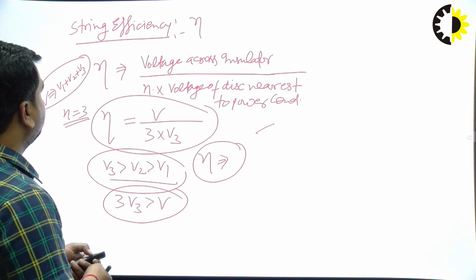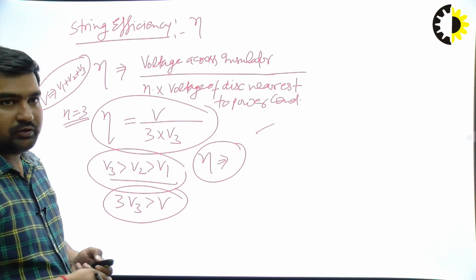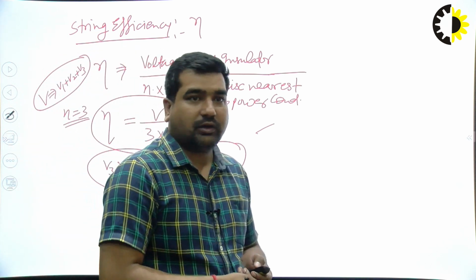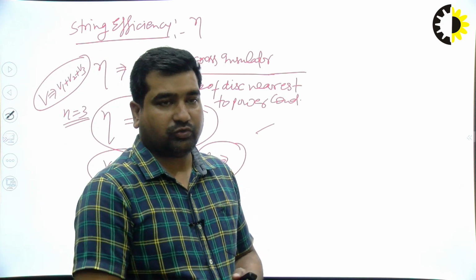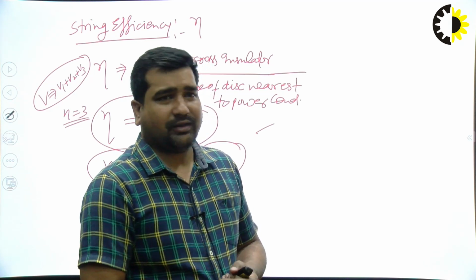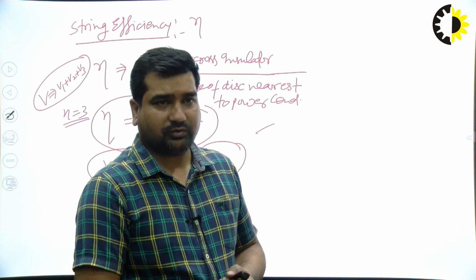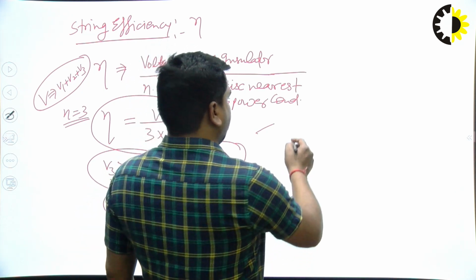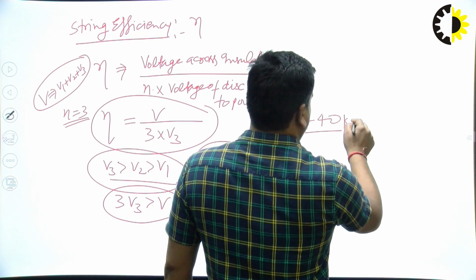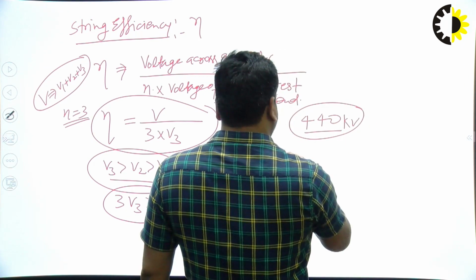So basically, these insulators are used at transmission level, distribution level, and extra high and ultra high voltage levels. Suppose we have an operating voltage of 440 kV, then how many discs in the string are required?